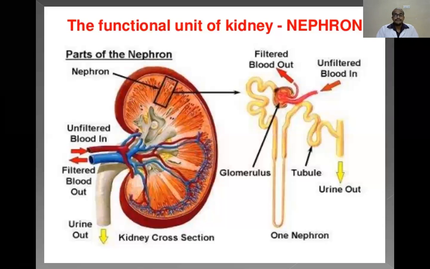We know the structure of the kidney, the outer cortex and the medulla, and we know the nephron is the functional unit of the kidney, and the ultrafiltration occurs in the glomerulus in each and every nephron.